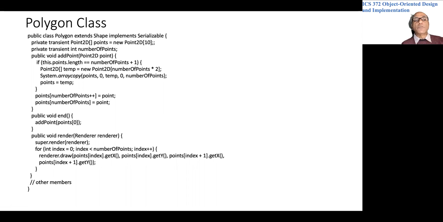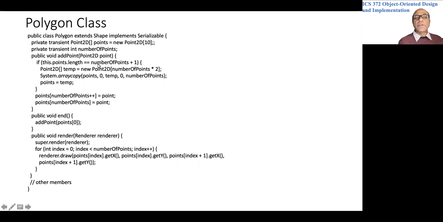So if we don't put transient here and we try to serialize a polygon, the code will crash. So it is essential to put transient here for Point2D. And for uniformity, I put transient for number of points as well. But int is serializable. But just for making things a little more consistent, I put transient for this field also.